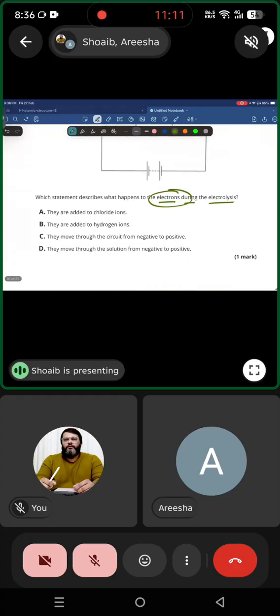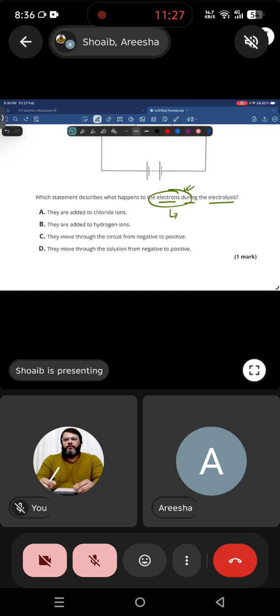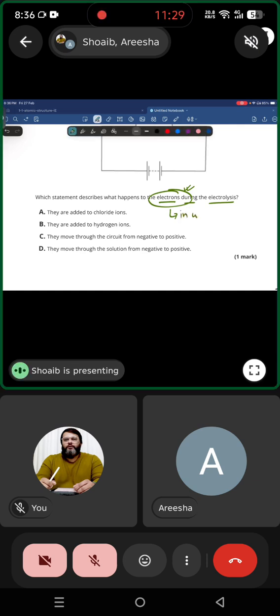He asks about the flow of electrons. The electrons always flow outside the solution, in the circuit, in the wires. Outside the circuit means the wires.